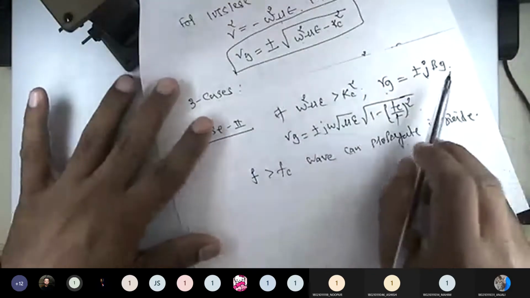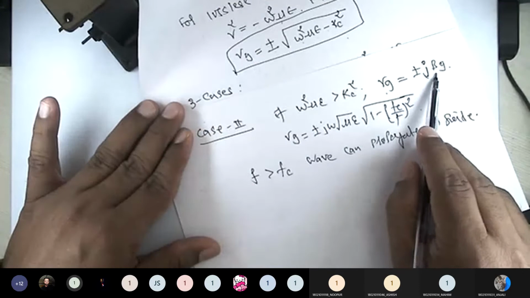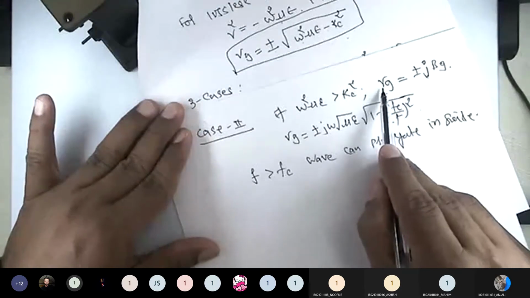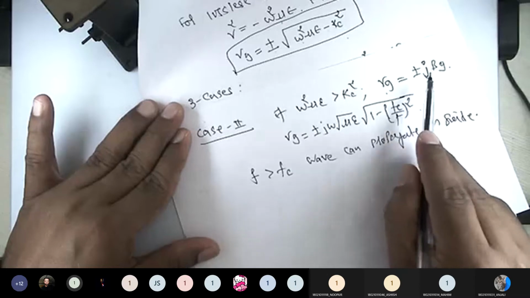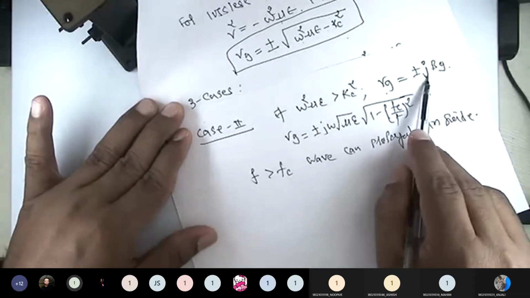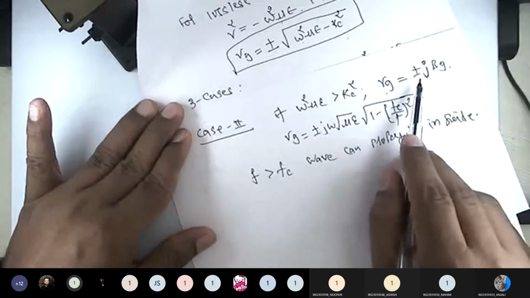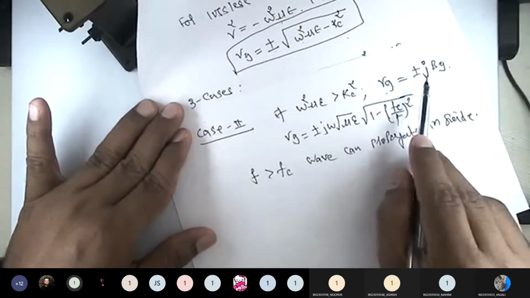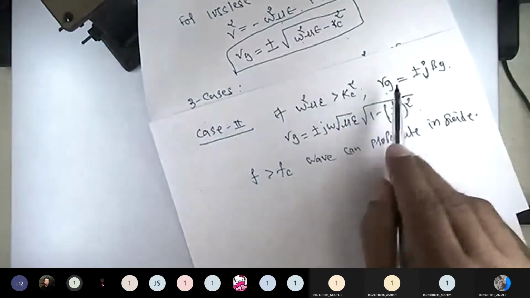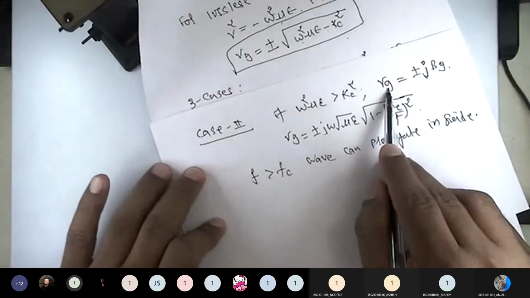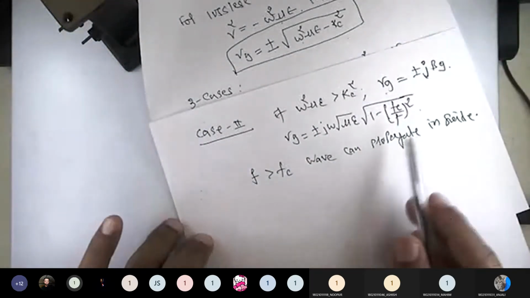That there is some reactive component present in this propagation constant, and once there is a reactive component, it means that these signals will never end, they will remain present in the guide. So there will be no attenuation constant term present in these gamma g terms, and hence we can conclude that the wave can propagate in the guide.